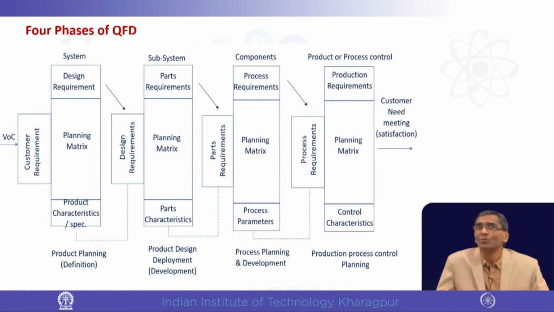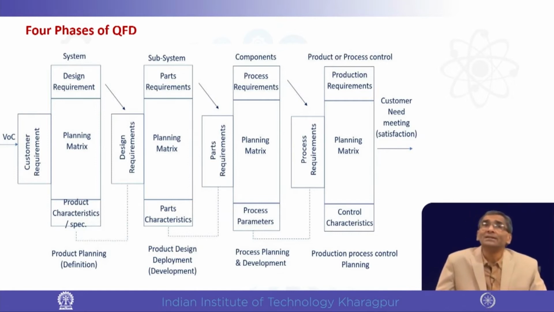That matrix will give the process parameters. Once we have the process requirements, the production requirements have to be interfaced with that, and then all these parameters and control characteristics will come out, and it will meet the specification of the product that it was intended to produce, and ultimately generate customer satisfaction by meeting their needs.